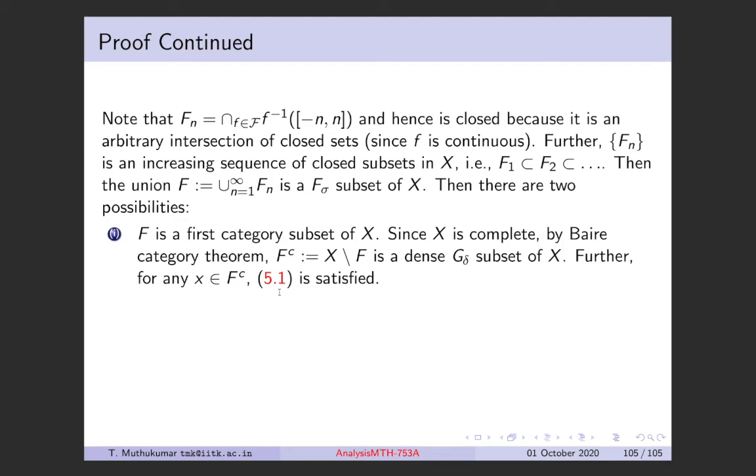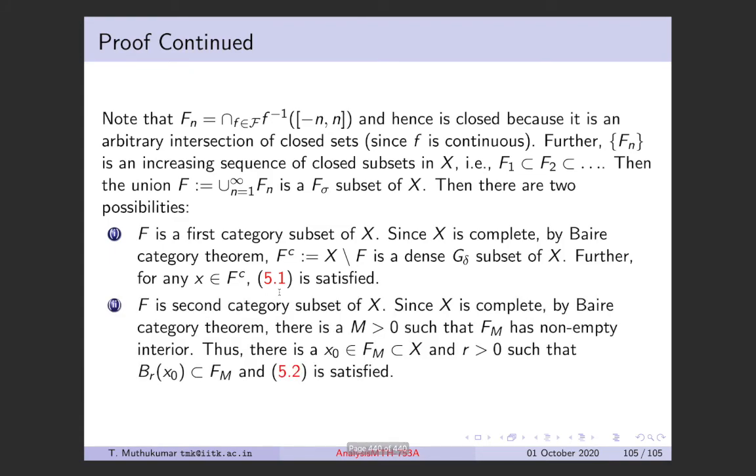If F is not first category, then it's second category. If it's second category, and since X is complete, by again the Baire category theorem, because F is now a countable union of sets Fn, there is a number m such that one of the elements in the union, let's call it Fm, has non-empty interior, right?